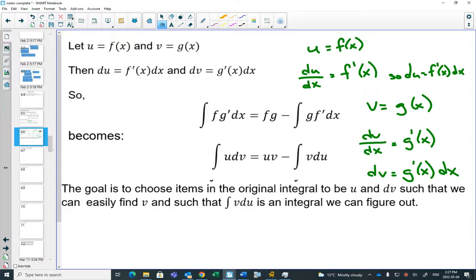That means that where we have f, we could just replace it with u. But where we have g prime of x dx, we can now replace that with dv.